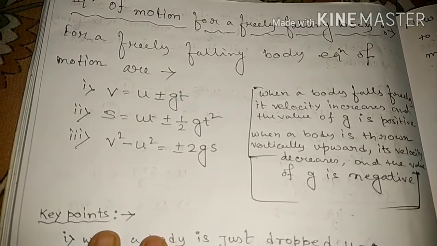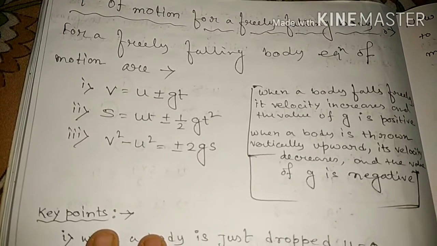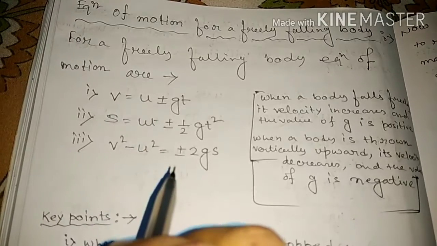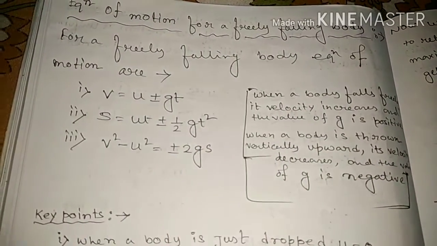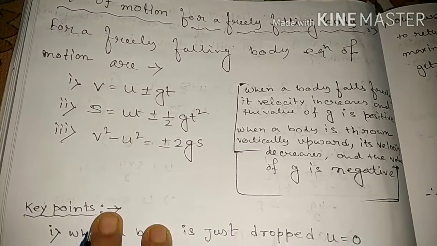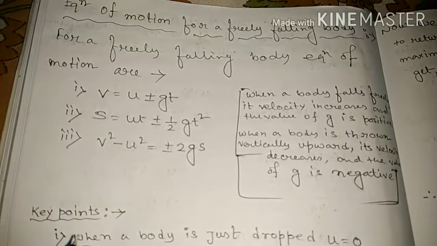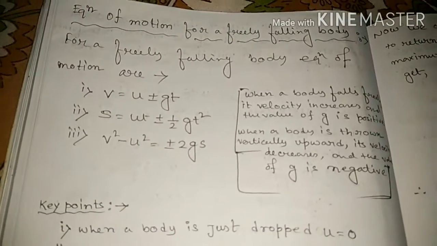When it falls freely towards the gravity, we consider g positive, so all the equations are positive. But if we throw a body vertically upward, we consider g negative. When opposite to the gravity, we consider this sign negative. Clear? That's why we write plus or minus.